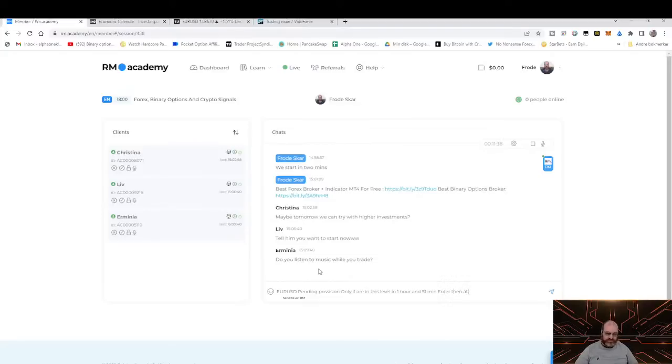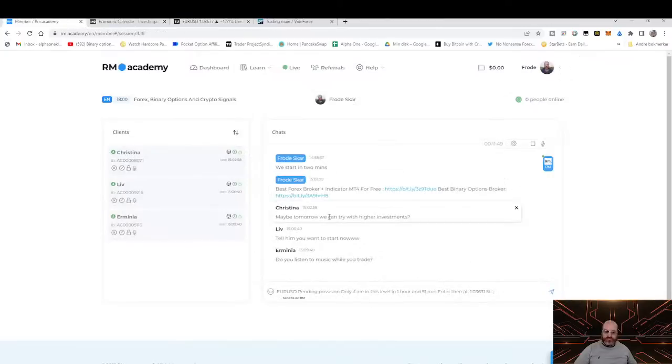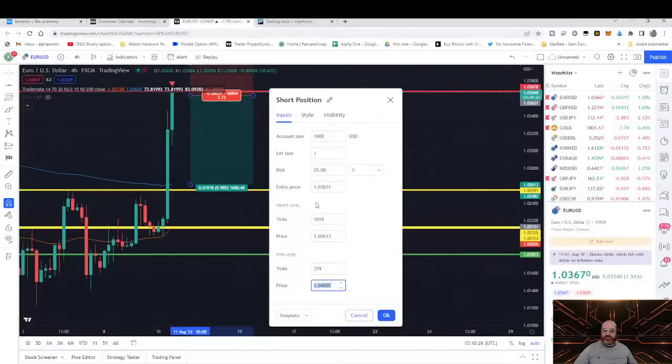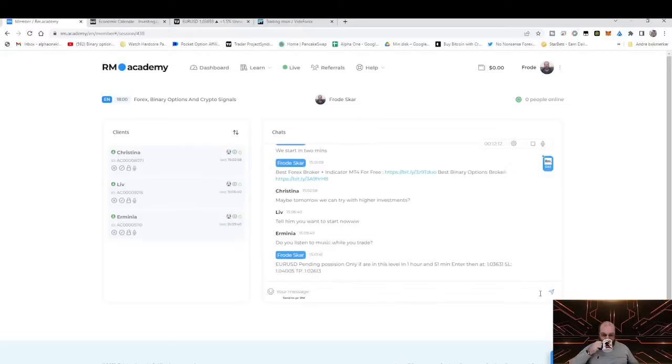Then at this level, let's set up the stop loss, and take profit at this level. The reason for that, we need to get confirmation that the 4 hour keeps below this level. And we put it here. I'm putting up my own signals for that time because I will take this trade myself.